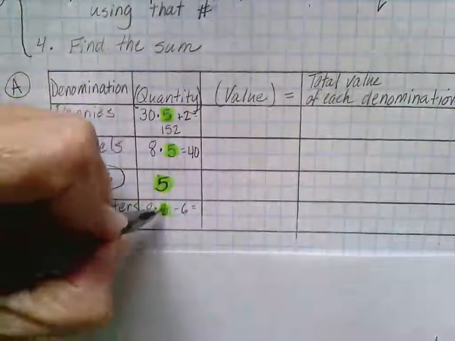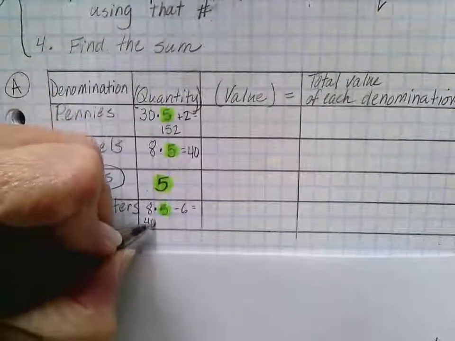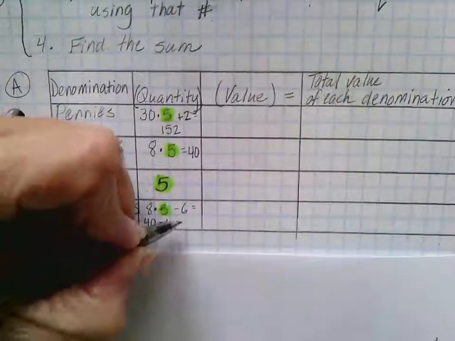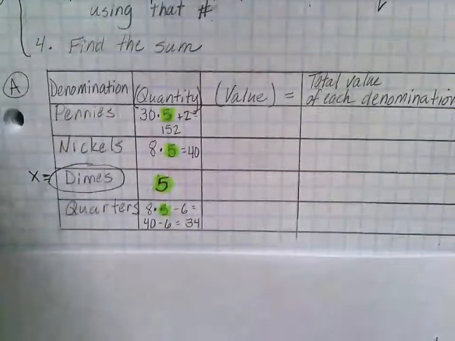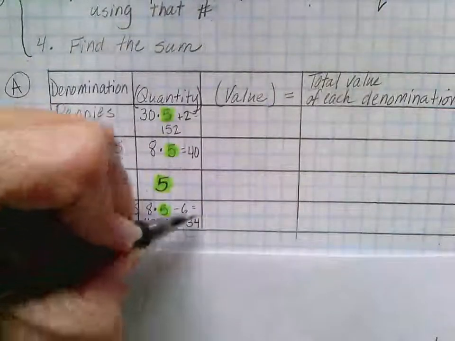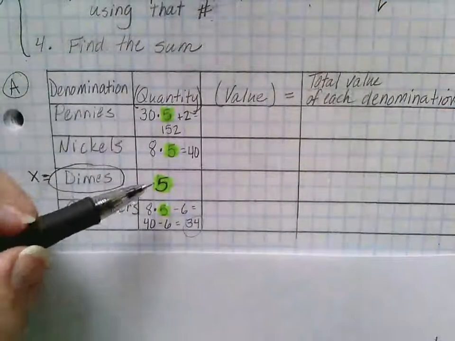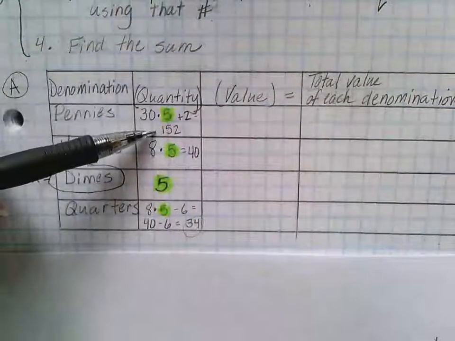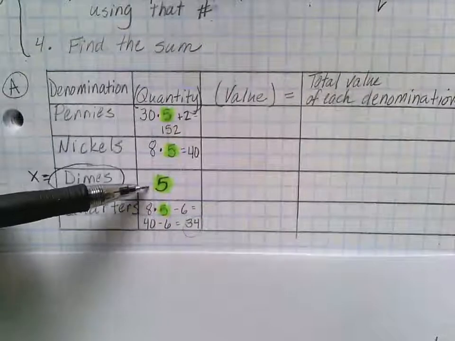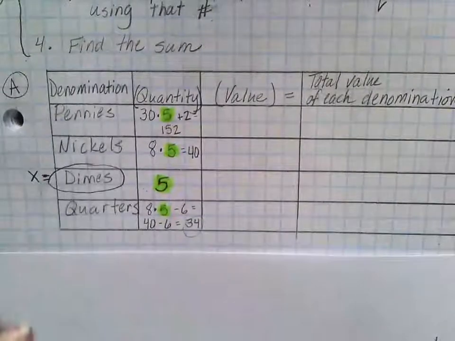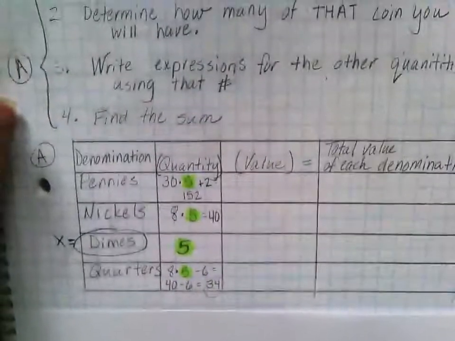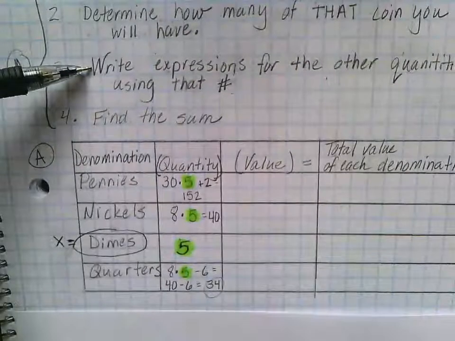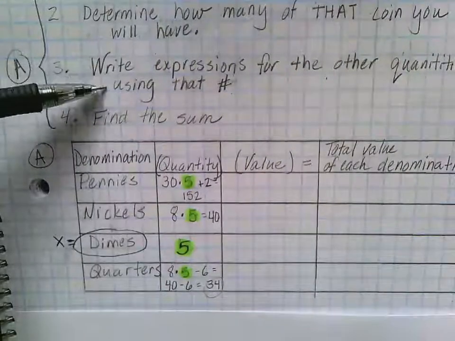And that's going to equal 40 minus 6, which is equal to 34. So the number of coins that I have for the answer is 152 pennies, 40 nickels, 5 dimes, and 34 quarters. So I've written expressions for the quantities that use that number.